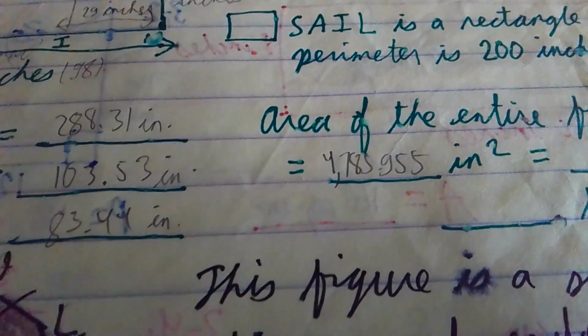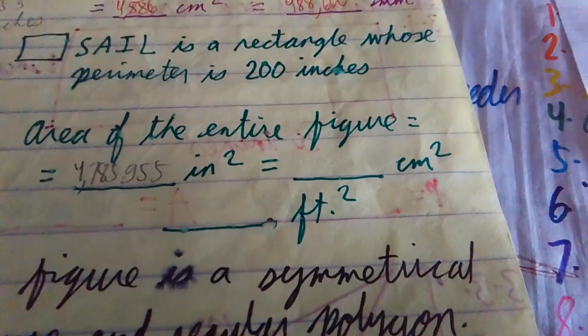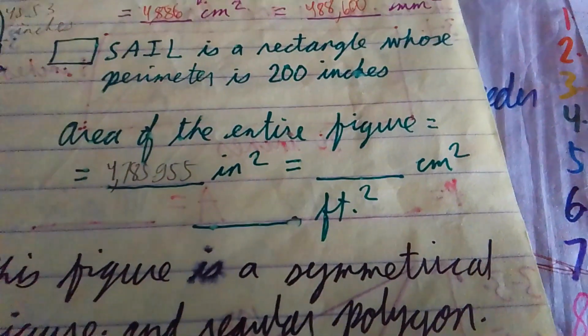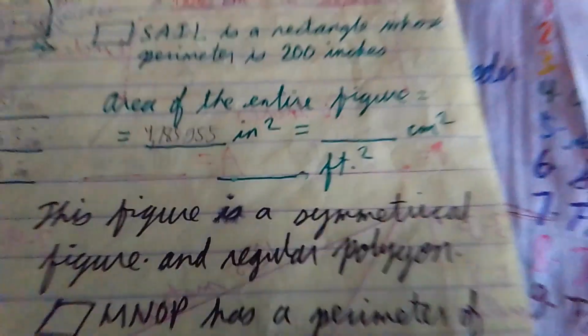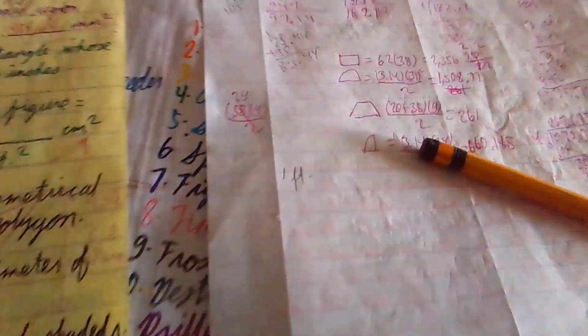Yes, yun yung sagot. But we're still not yet done because we still need to convert that into feet squared and to centimeter squared. Now, here's how we're gonna do it. We know the given relationship that 1 feet is 12 inches. But remember, if you want it in square units, you will have to put the square and then distribute. 1 feet squared, and then 12 squared, that's 144 inches squared.